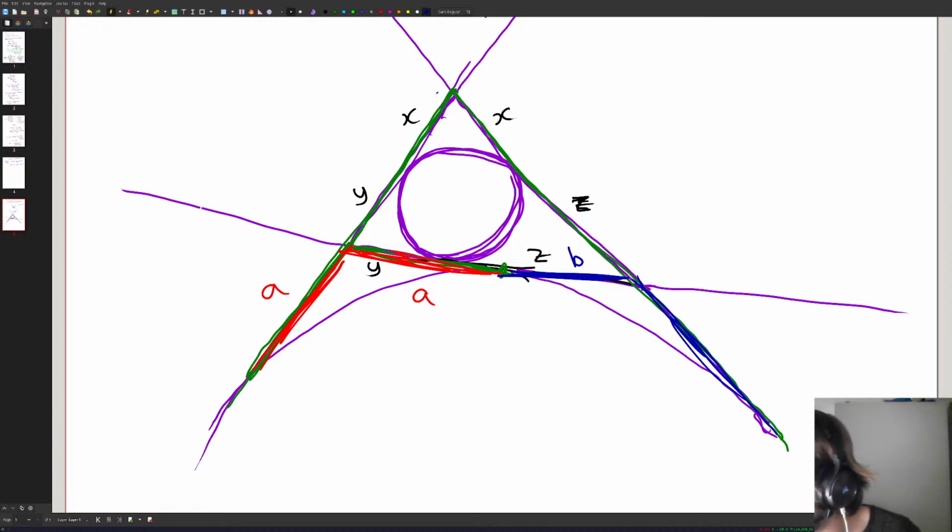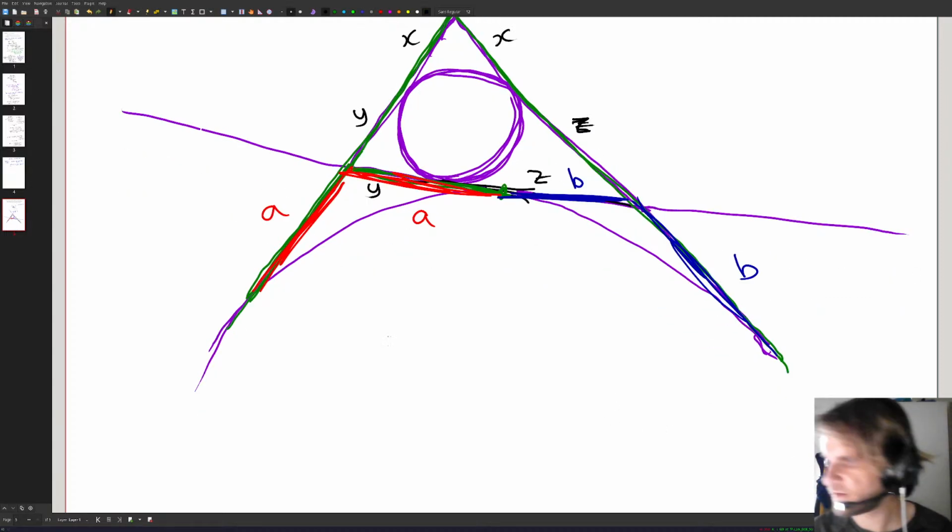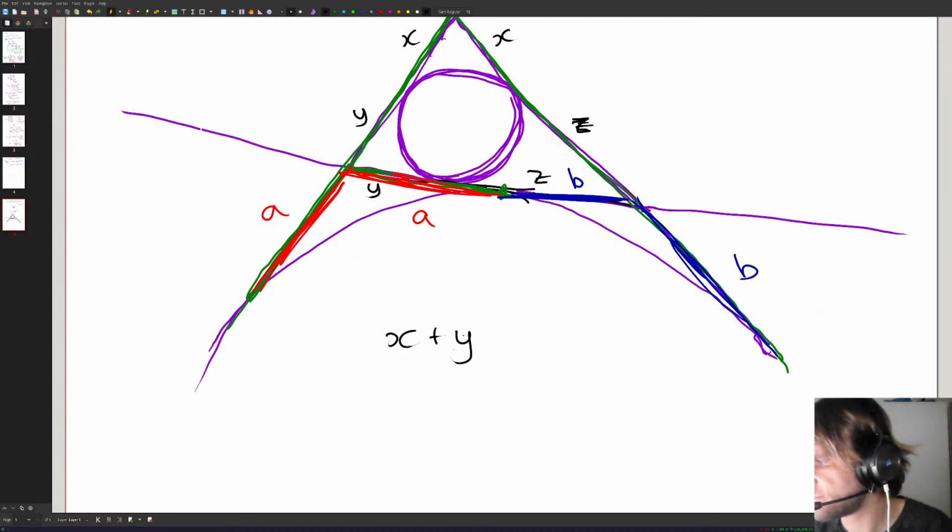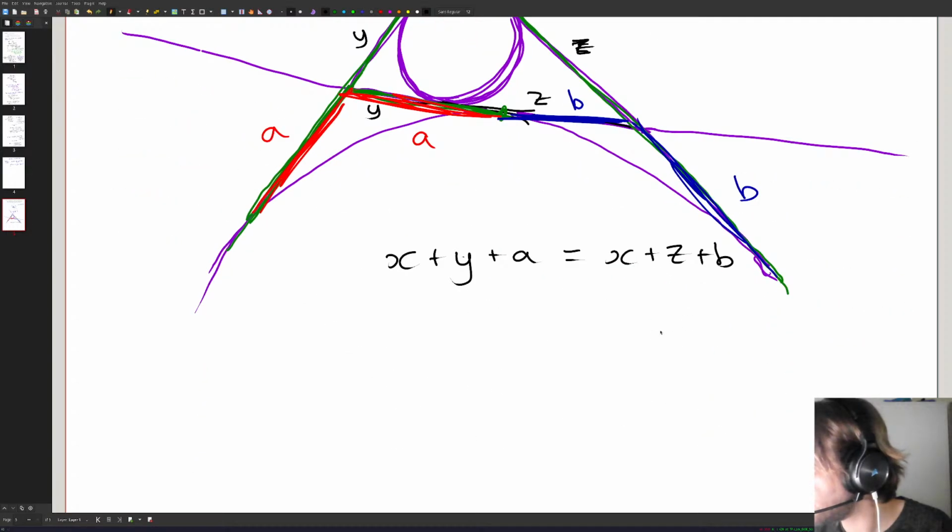Let's call that B. And so we know that x plus y plus A is equal to x plus z plus B, from which we get y plus A equals z plus B.